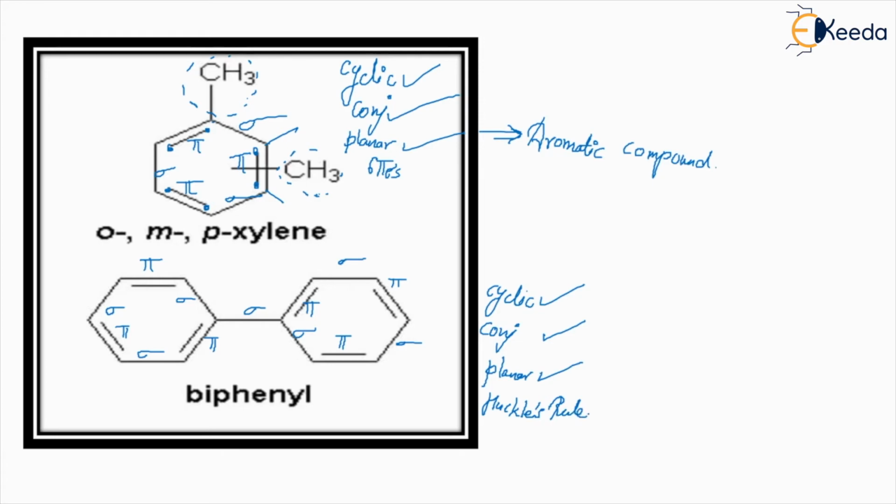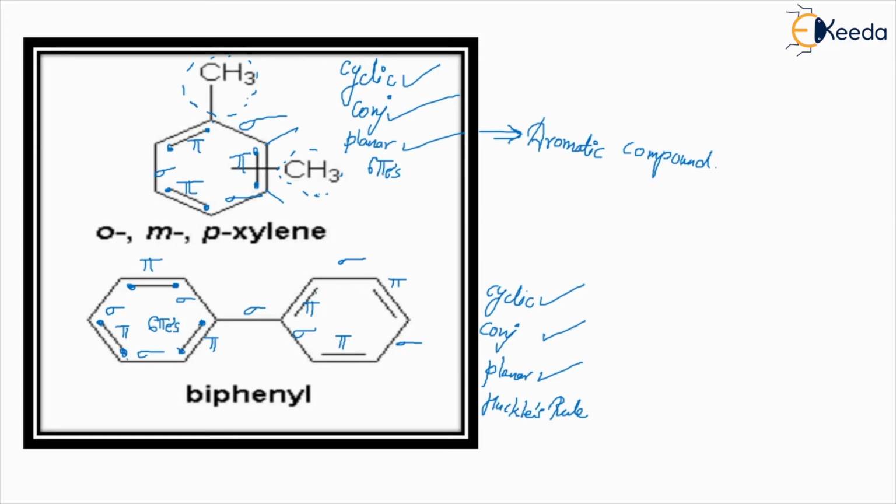Now, what does Huckel's rule say? That it should have 6 pi electrons or 12 pi electrons and so on, right? So now let us first calculate how many pi electrons are there in a single cyclic ring, because that will be twice for the next one. So it is 1, 2, 3, 4, 5, 6. 6 pi electrons for this ring.